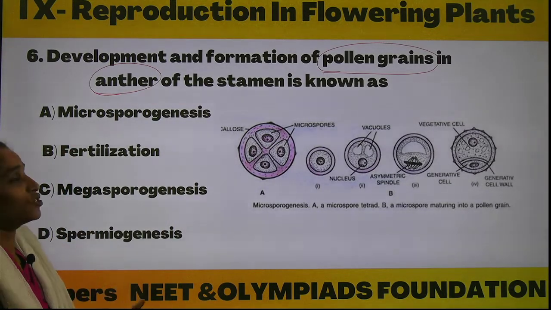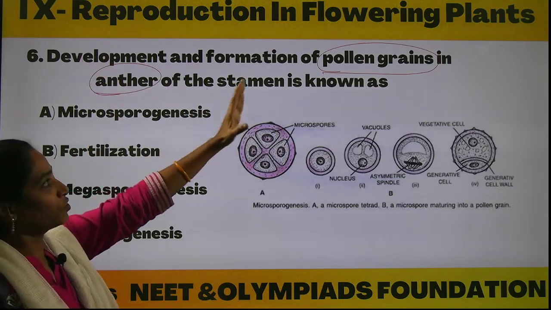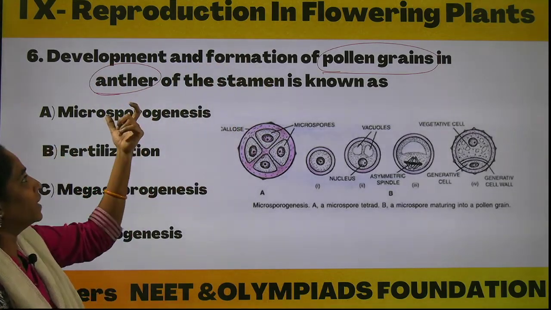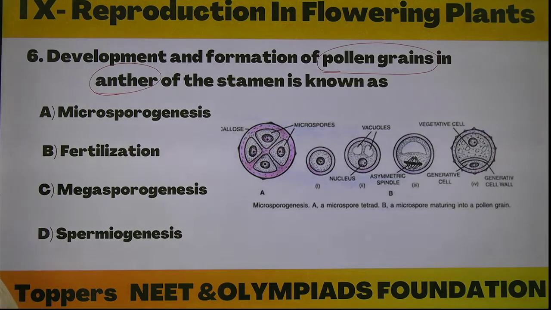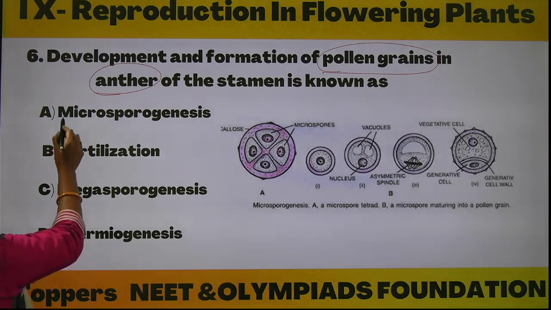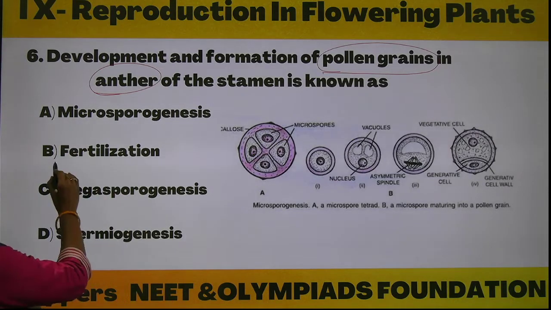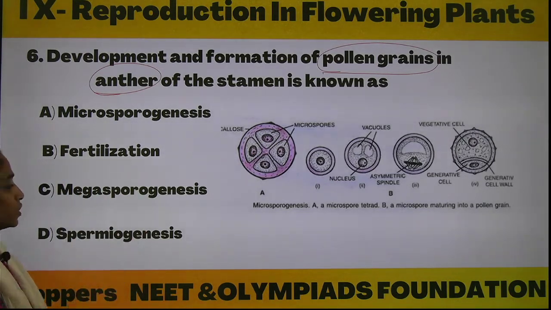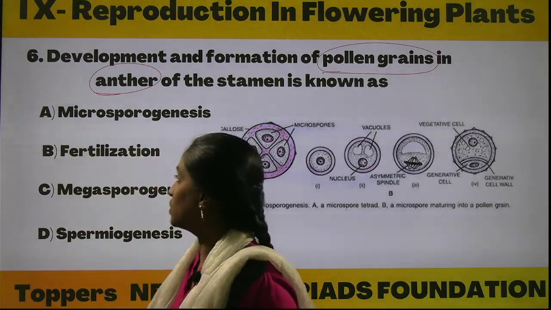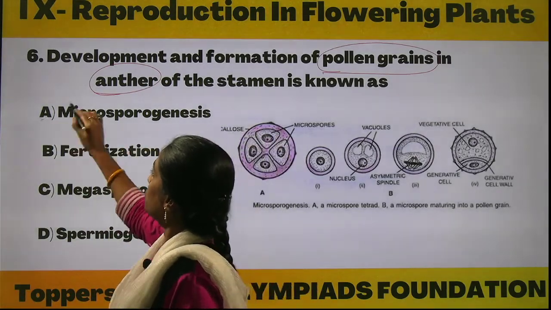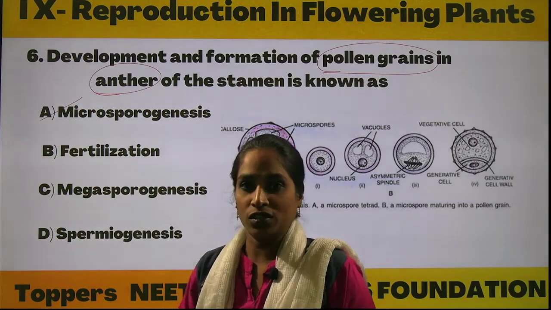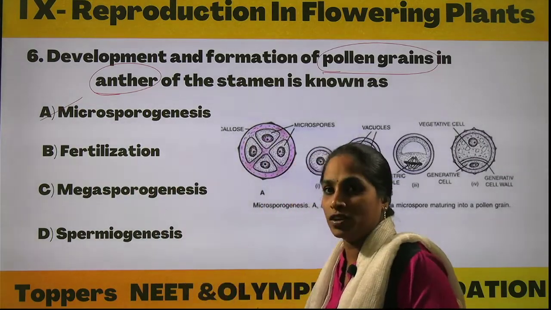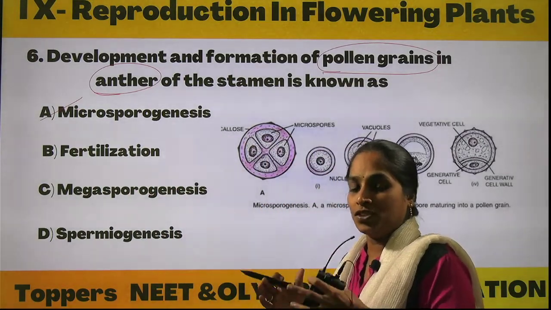So what is this process called? The developmental process of the male gametes in the anther of a stamen is called as, is it microsporogenesis, fertilization process, megasporogenesis or spermiogenesis, he is asking. What is the first one? Microsporogenesis. Micro in the sense, in the previous question we have discussed already, microsporangia.